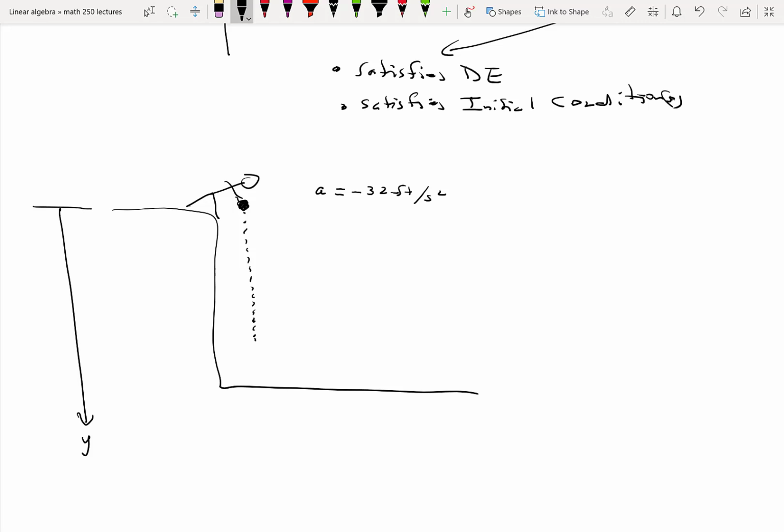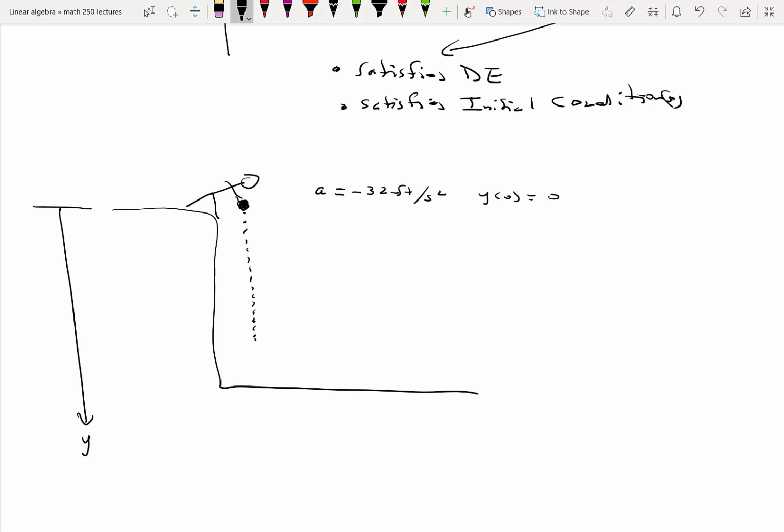And if this person were too far away from the surface of the Earth, he wouldn't be able to breathe. So we're going to assume that the acceleration is approximately negative 32, and we have initial conditions. If I put the positive y-axis down and start dropping this ball at 0, we have y of 0 equals 0.